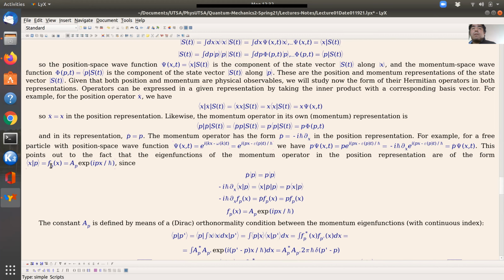And then you have the inner product between position and momentum eigenfunctions, which is like this, and by definition of P. This will be the operator of momentum in the position representation, which is what we are on right now. Here we have the momentum operator applied to this function.